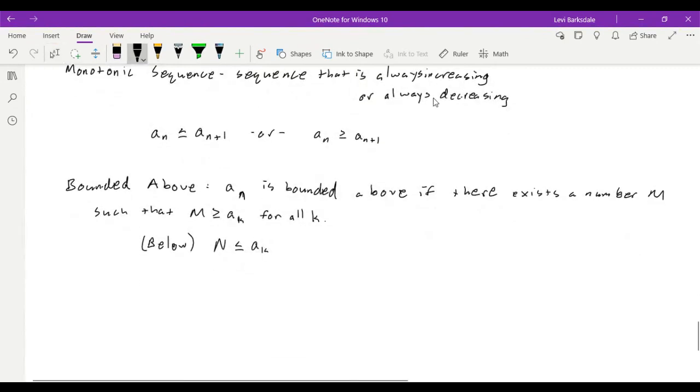Finally, we say that the sequence is just bounded, not above or below. A sequence is bounded if it is bounded above and below.